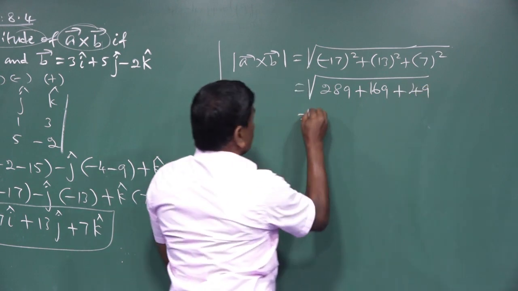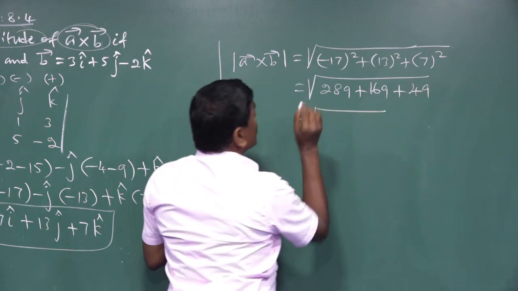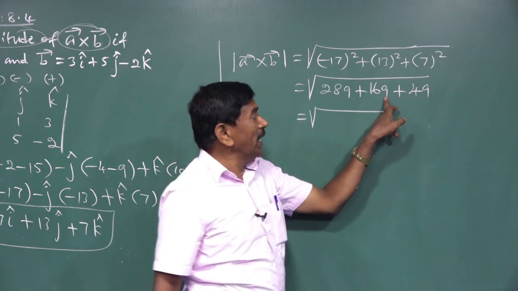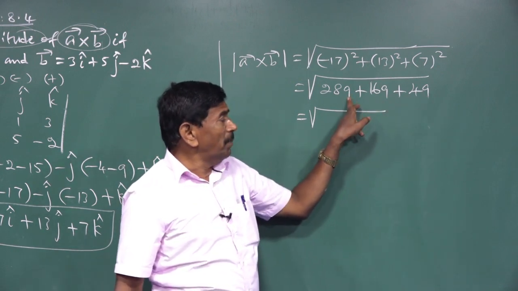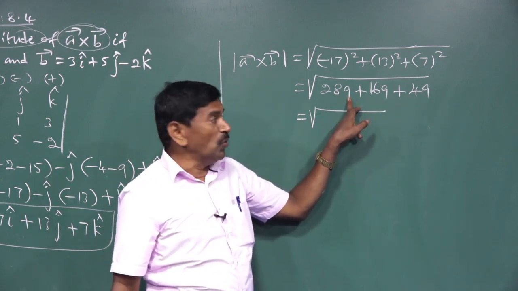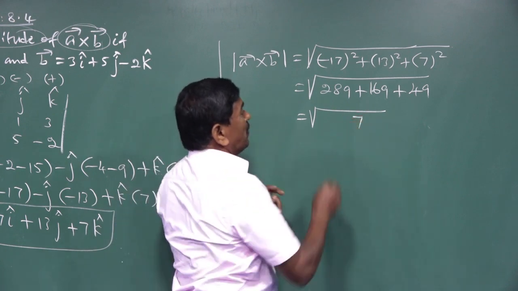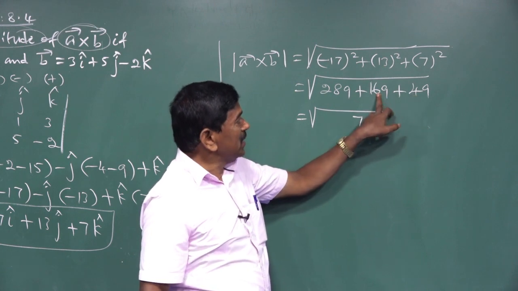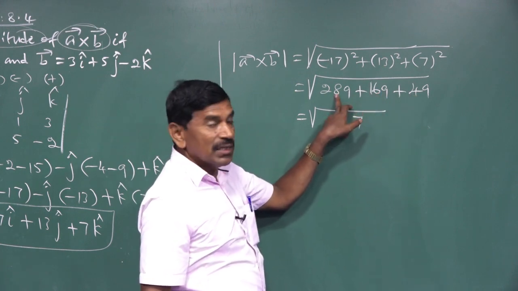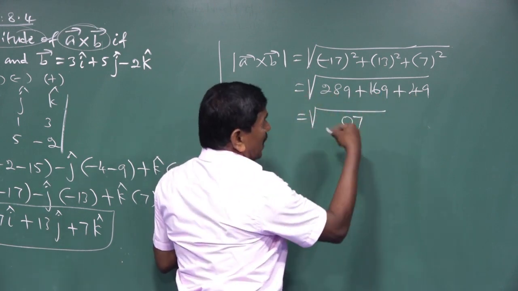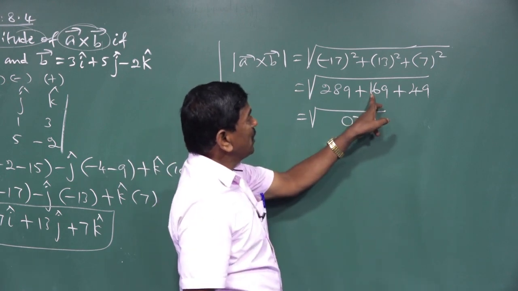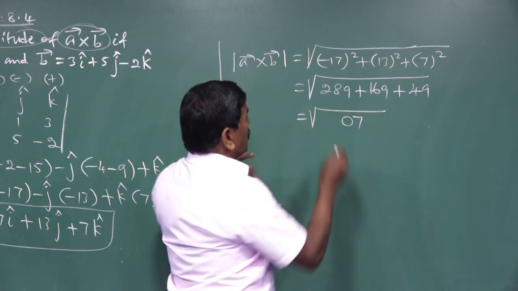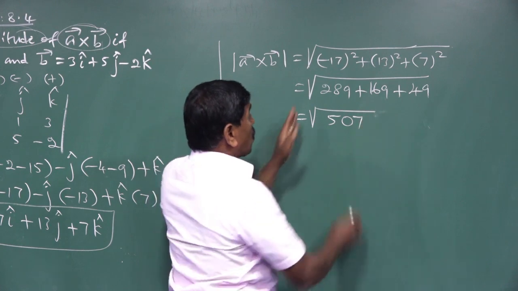Now 9 plus 9 is 18, and 18 plus 9 is 27. So 27, 7, remainder 2. Remainder 2 means 6 plus 6 is 12, 12 plus 8 is 20. So 0, remainder 2. So 2 plus 1 is 3, 3 plus 2 is 5. So 507. So the square root of 507.